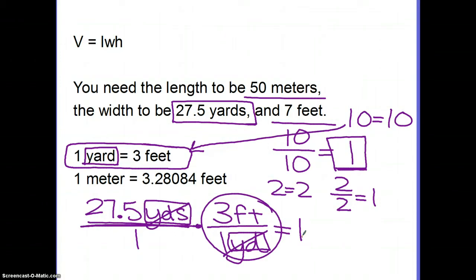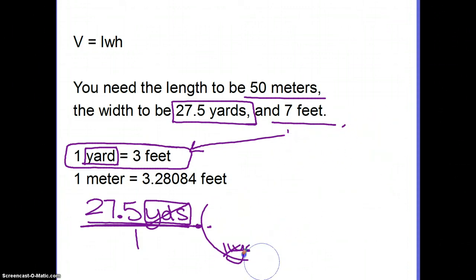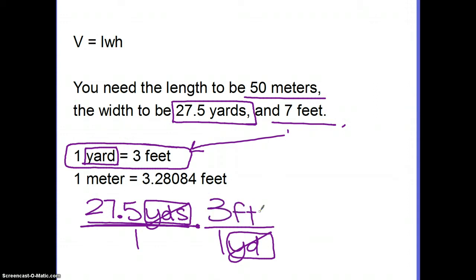I know it's confusing because it's hard to think about units, but we're really just multiplying by 1, because 3 feet on top is equal to 1 yard. They are the same exact thing. Okay, so we put 1 yard on the bottom because yards has to cancel out, so yards over yards, and then the 3 feet on the top.